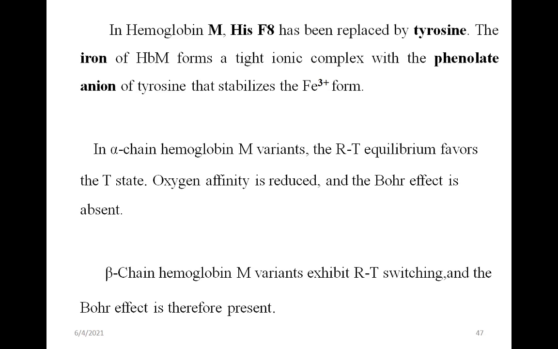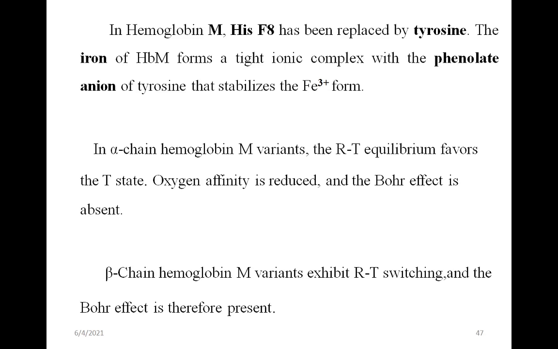Oxygen affinity is reduced. Once oxygen affinity is reduced, the oxygenation of the hemoglobin is not possible. If oxygenation in the lung is not possible, there is no chance of the release of the proton. If there is no release of the proton, then how will carbonic acid form from the bicarbonate?